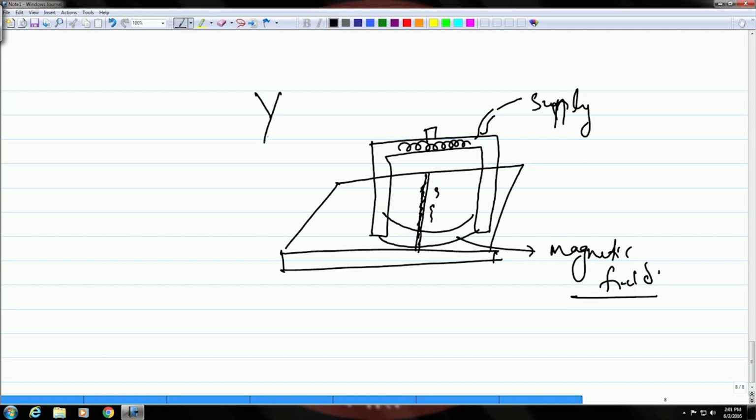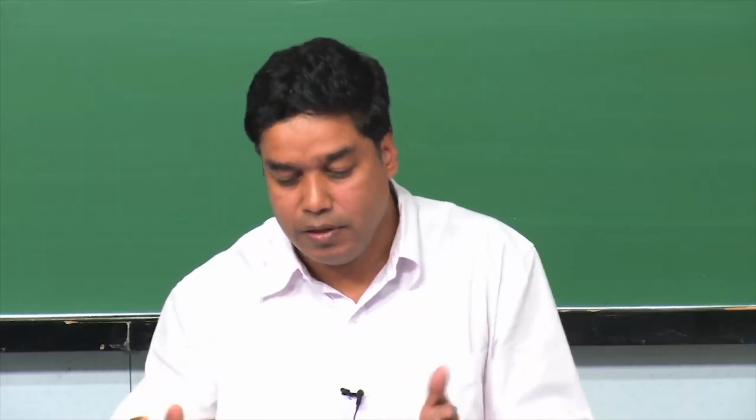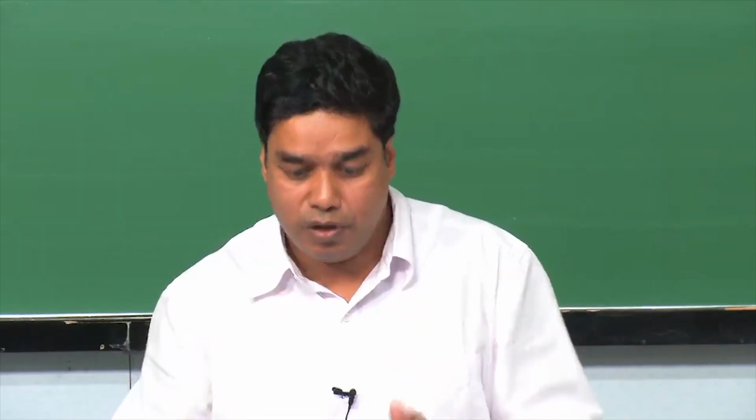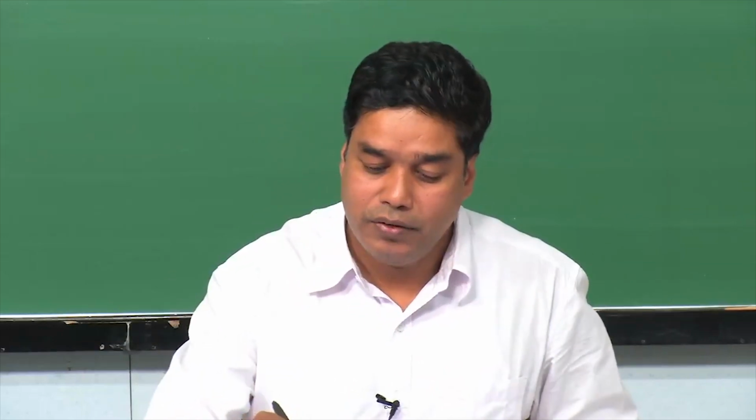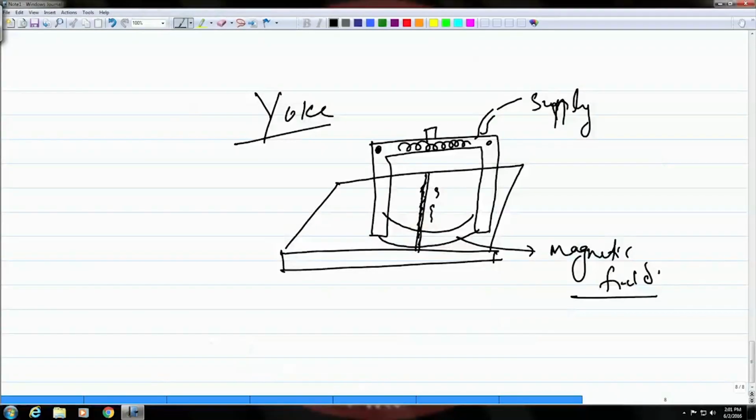Okay. And this is very convenient to use in a laboratory or to magnetize a localized part or small parts. If you want, you can also provide some kind of hinge at this location, so that this distance can be varied.